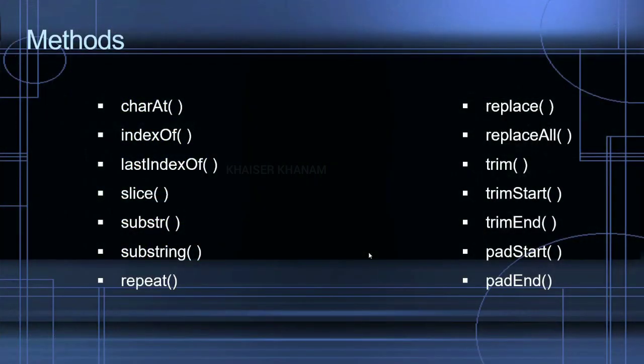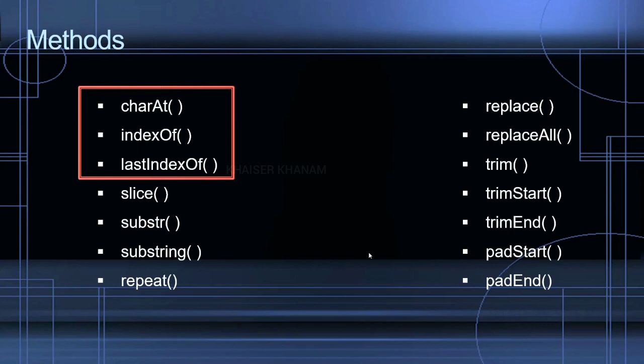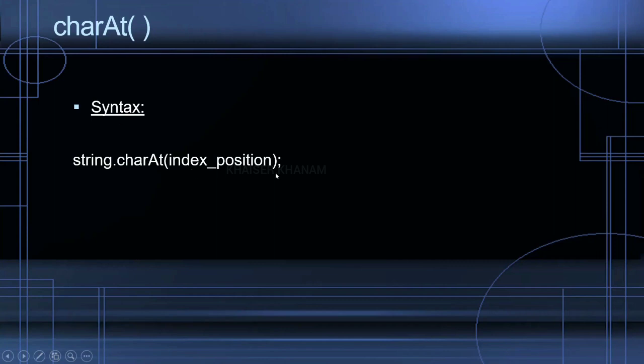Now inside this method, we will be learning about these 3 methods. First, let us see about charAt. And this will be the syntax of this. Whatever string variable we have created, we just have to write that one dot charAt, and inside this we just have to give the index position.